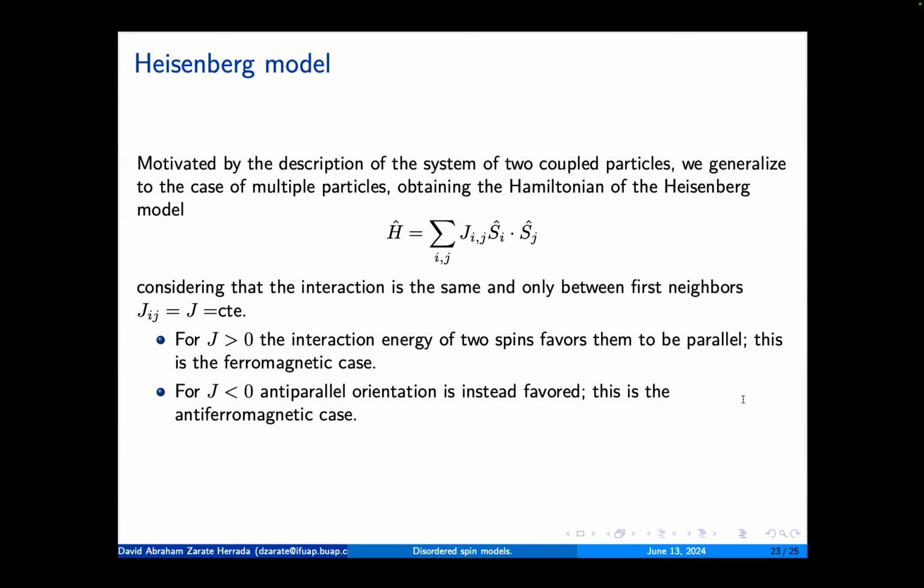That means that if now we consider a system with many spin-1/2 particles, the Hamiltonian for this system is the Heisenberg model, and it looks like this.